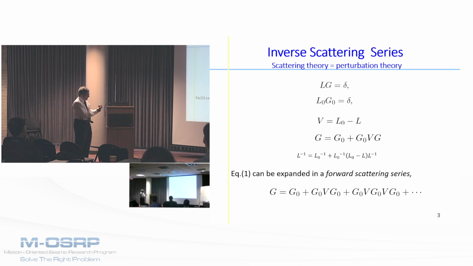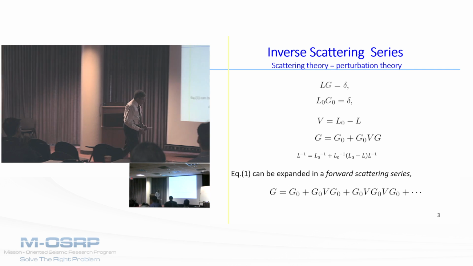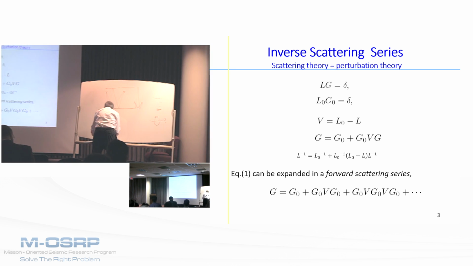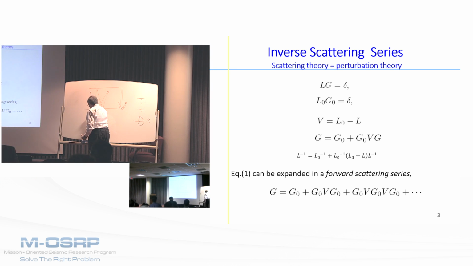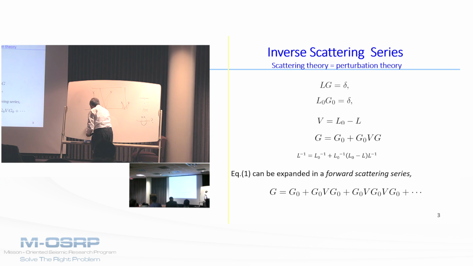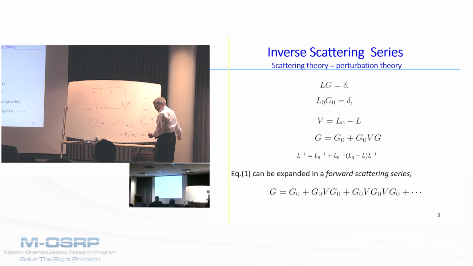So you get D of M equals D of M0 plus D prime of M0 delta M plus D double prime delta M squared over.